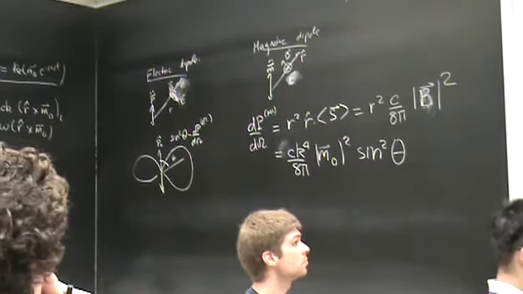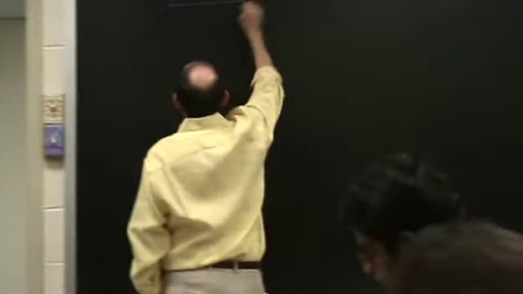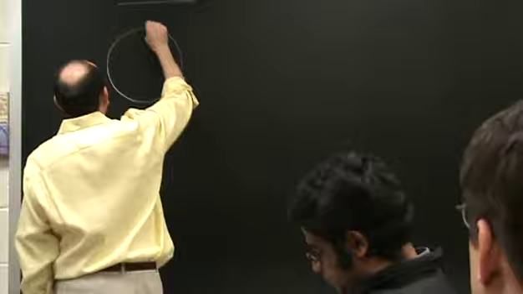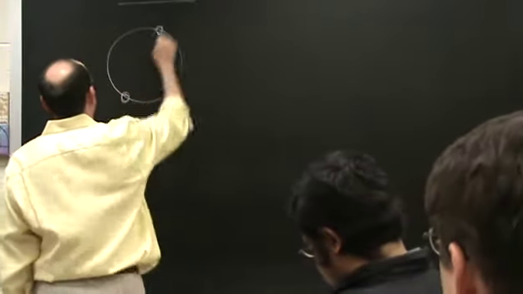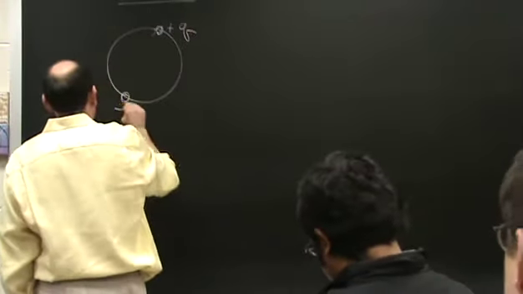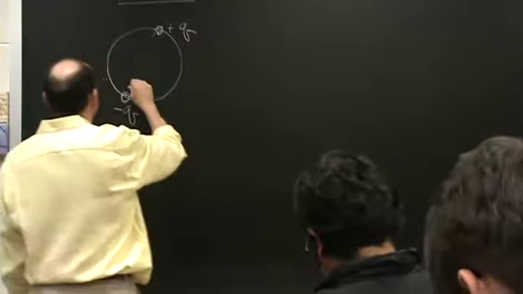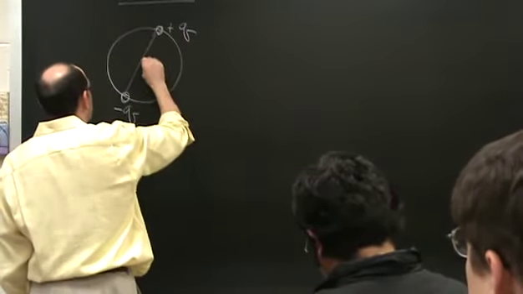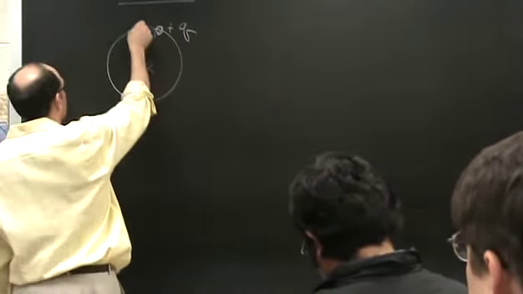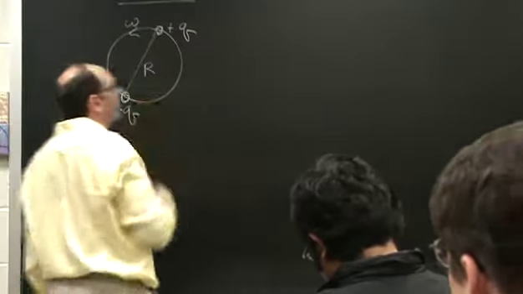So let's consider the problem that we're studying for homework, where I have two charges equal and opposite, say there's some distance between them R, that's rotating around at frequency omega.